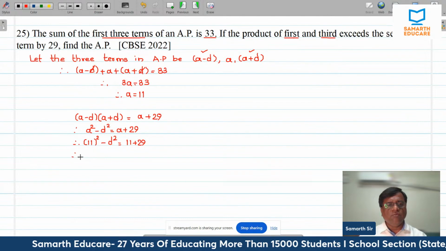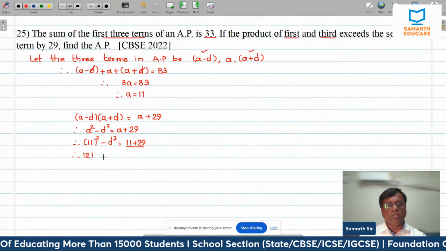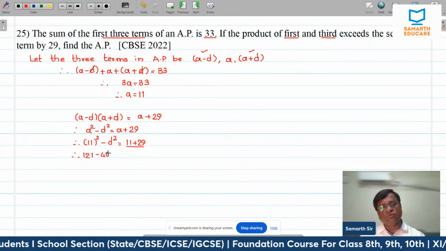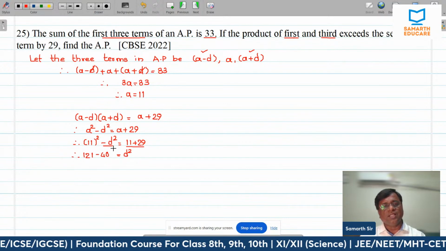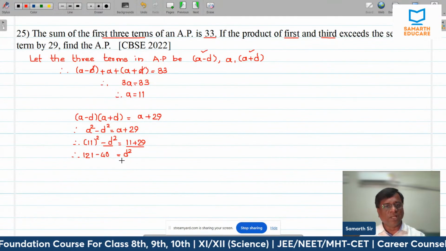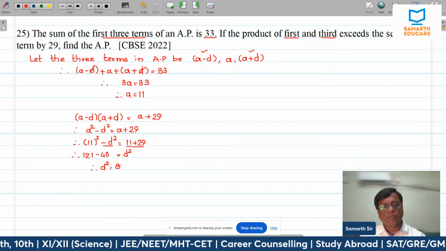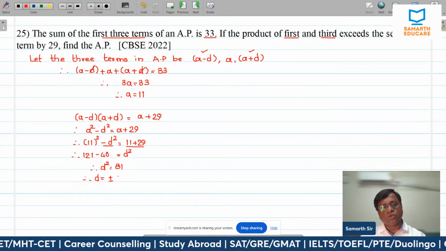Now 11 square is 121. Let me take this total. The total is 40. If I take it on the left hand side, 121 minus 40, I take the d square term on the right hand side. Isko right hand side mein leke jaate hain, so minus tha wo plus ho gaya. So I get d square as 81 and d ka value will be plus or minus 9.